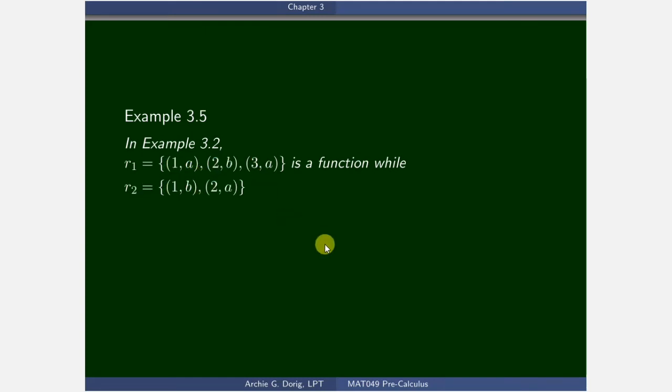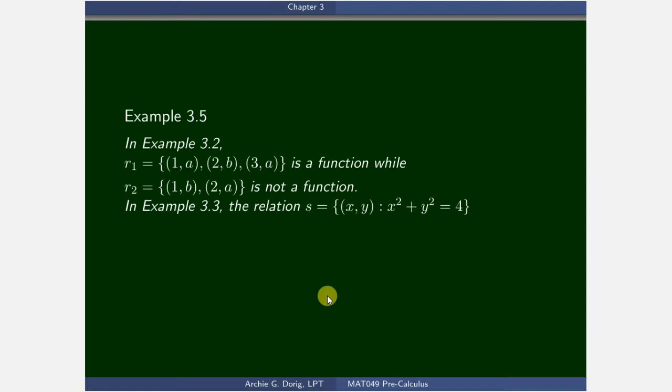The relation R sub 2, the set with pairs 1b and 2a, is not a function because there is an element in A that is not paired in this relation, and that is 3. So R sub 2 is not a function.